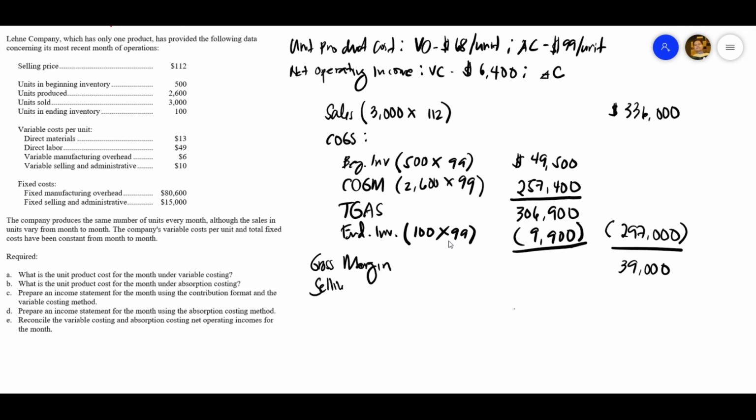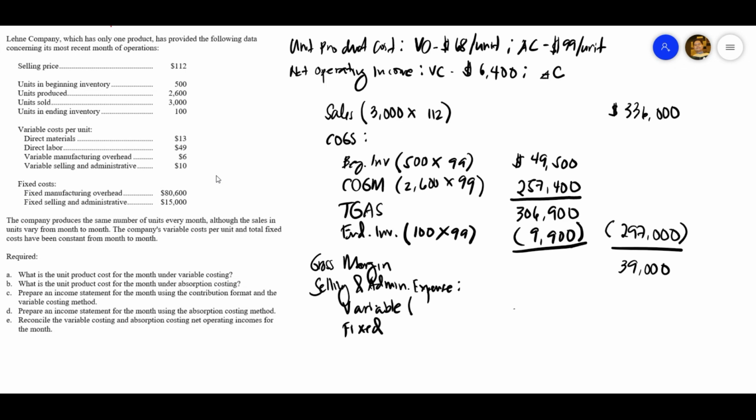Okay, for our selling and administrative expenses, we have two, right? We have your variable and we have your fixed. Okay, for your variable, remember that in selling and administrative expense, it is driven by the units sold, okay, not by the units produced.